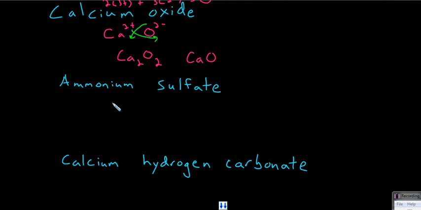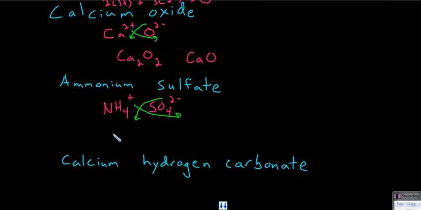Next, what if we're dealing with polyatomic ions? First, ammonium sulfate. Ammonium is NH4+ 1, and sulfate is SO4 2-. Again, you want to do a crisscross. You'll need 2 ammoniums, 2 +1 charges, to balance out the -2 charge of sulfate.